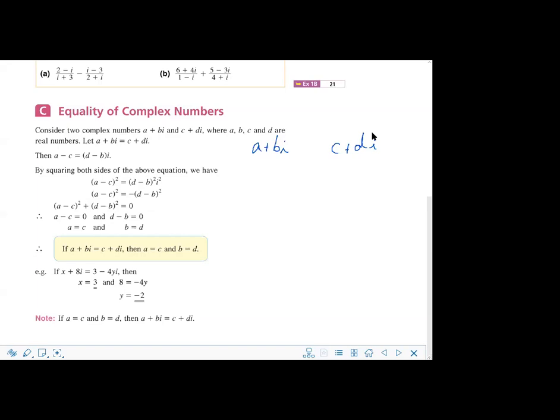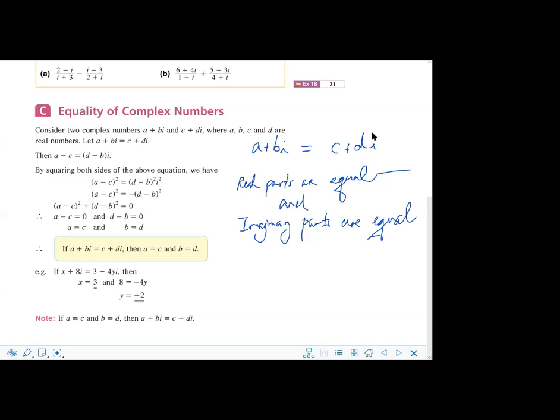If the question tells you that these two complex numbers are equal to each other, then we will say that their real parts are equal, and their imaginary parts are equal.